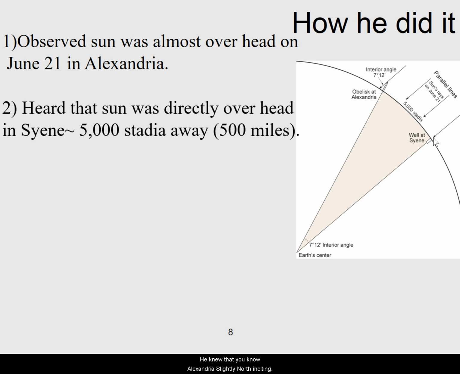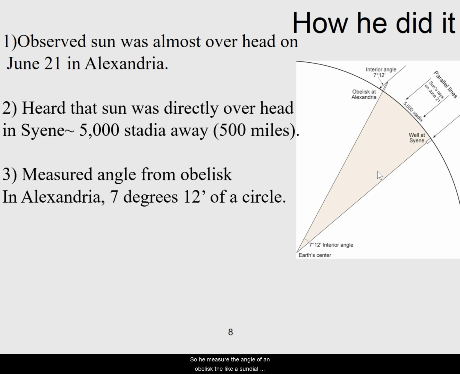So he knew that Alexandria was slightly north of Syene, and there was an actual well in Syene that the sun appearing directly overhead was shining at the bottom of. And so this was implying that there was this vertical exposure of the sun that shone right overhead on June 21st. That's not the case that took place in Alexandria.